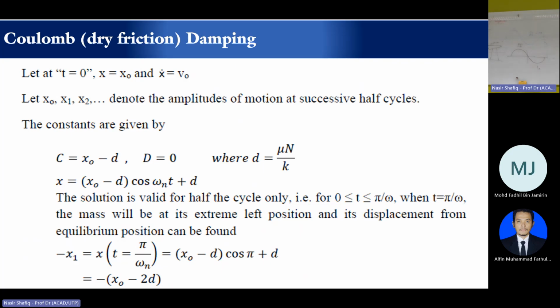For 0 less than t less than pi upon omega, which is half the cycle. When t is equal to pi upon omega, the mass will be at its extreme left position, and its displacement from the equilibrium position can be calculated by this.